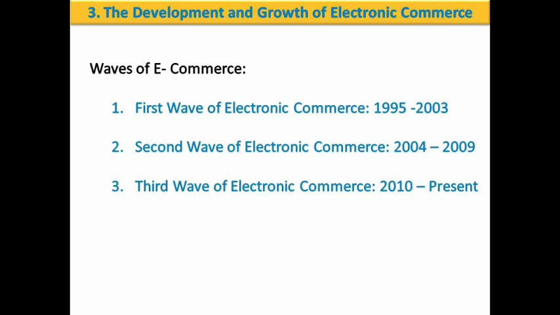The third wave of electronic commerce occurred from 2010 to the present day. The third wave is called social commerce because many social media were developed during this wave to increase electronic commerce demand among various customers, and various technologies were included in this third wave such as artificial intelligence, virtual shopping, augmented reality, smart personal assistants.